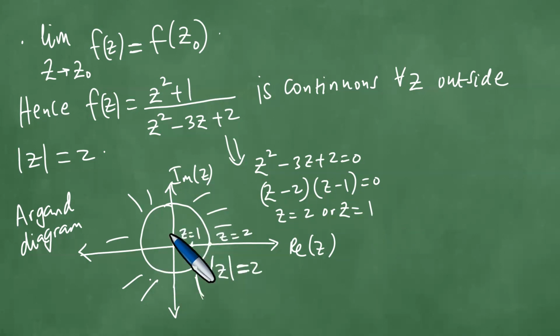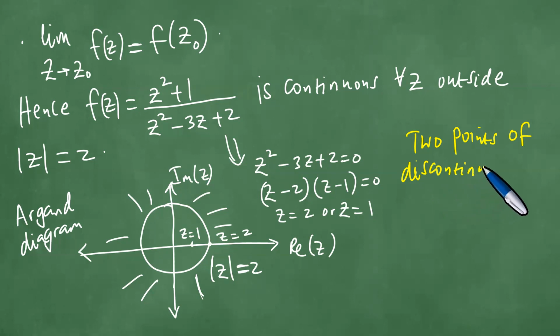So looking at the region outside this, you really can see that indeed the limit exists, so the function is defined, and therefore it is continuous there. There are 2 points of discontinuity. What are the points of discontinuity?